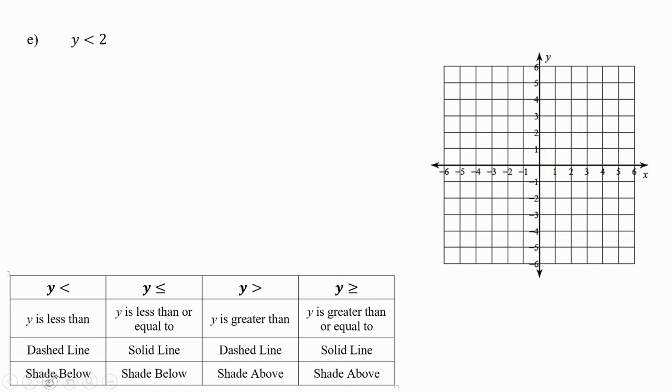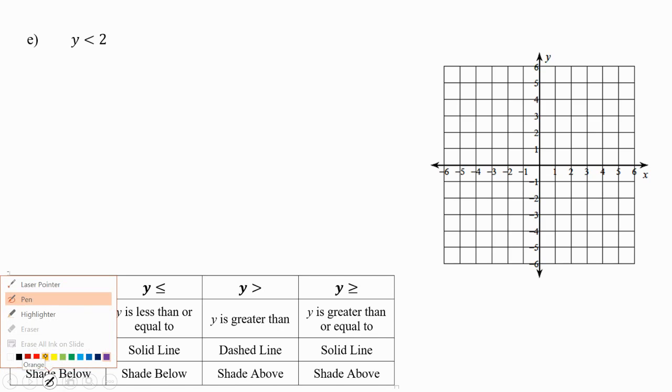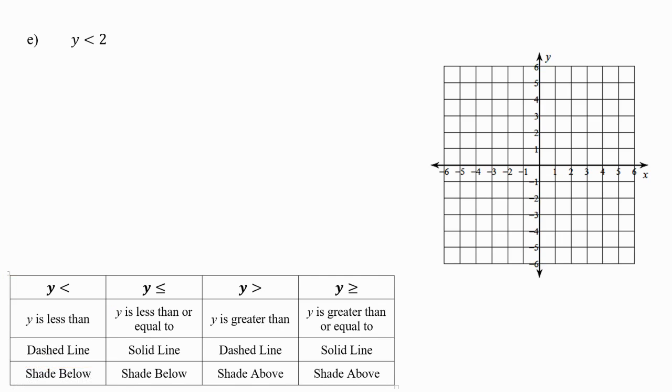All right, the next one, E is y is less than 2. Okay, so again, this one is like before and y equals mx plus b. Okay, b is our y-intercept, which is +2. So on the y-axis, +2 is right there. And then for m, our slope, there is none, so we say it's 0. So that tells me that's going to be a horizontal line again.